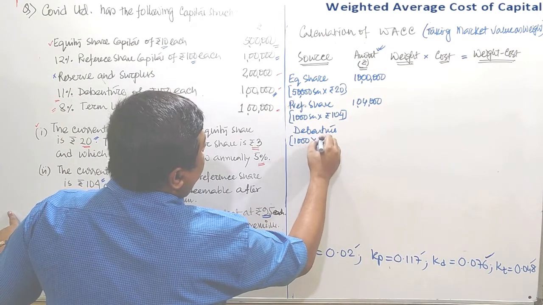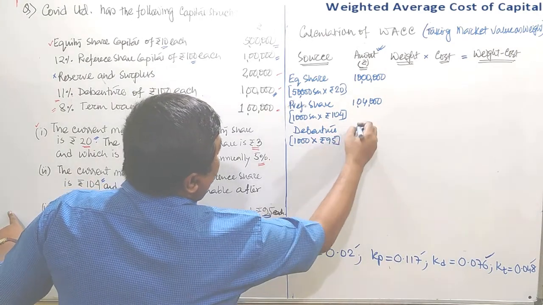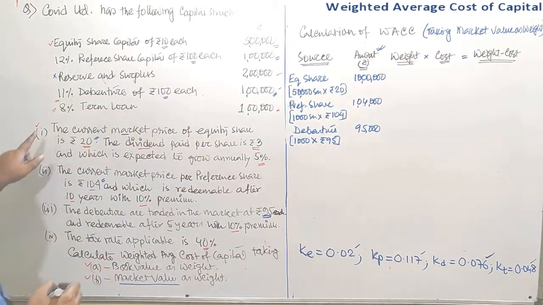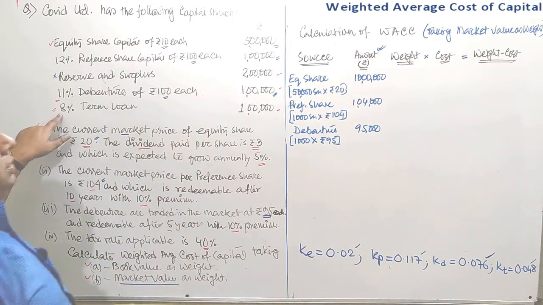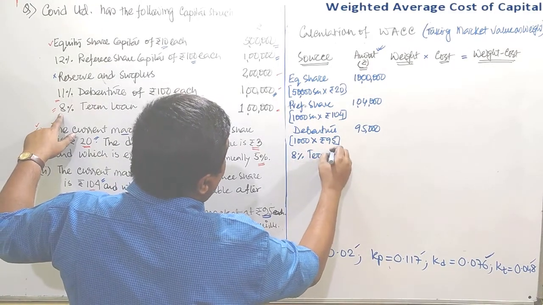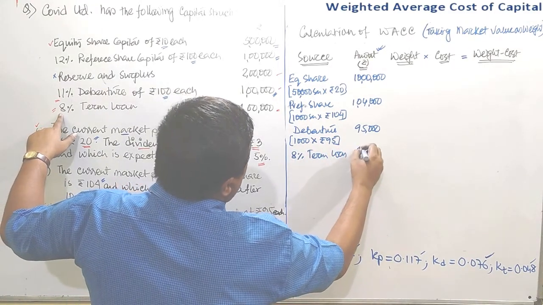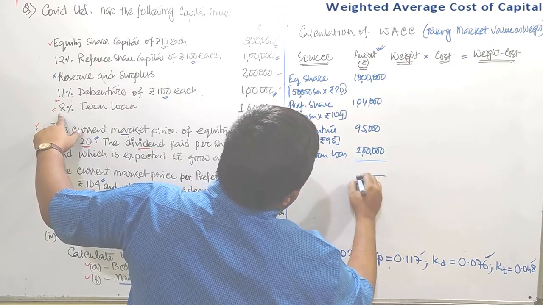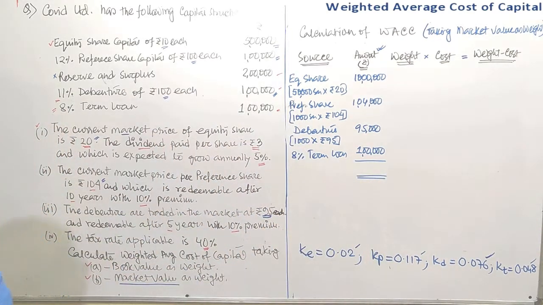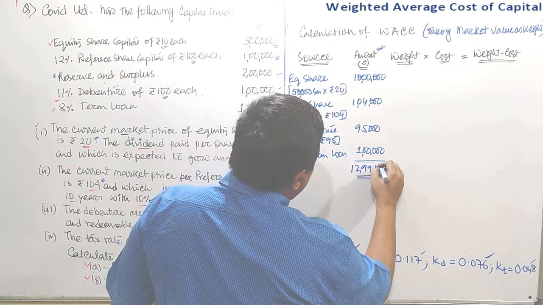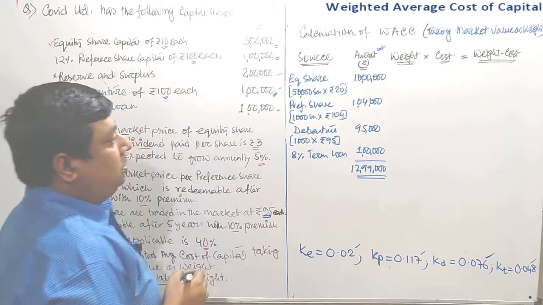Then 1000 into rupees 95, we get 95,000. After debenture there is the 8% term loan. There is no scope of plotting that. You can write directly 8% term loan as rupees 1 lakh. Now once we sum up, the total we got is 12,99,000. That is the total.